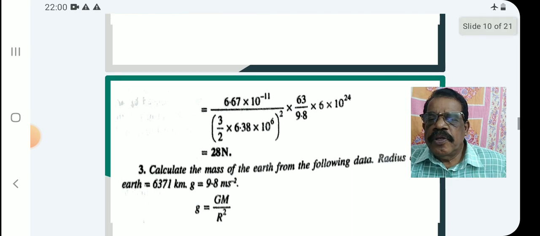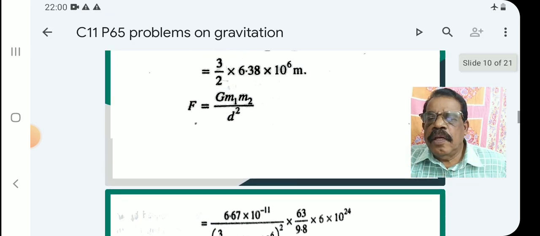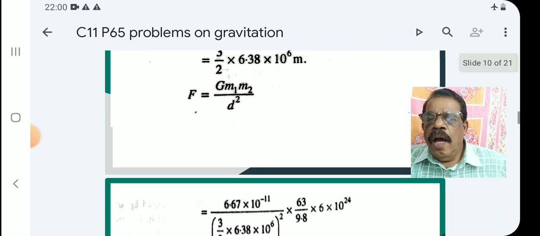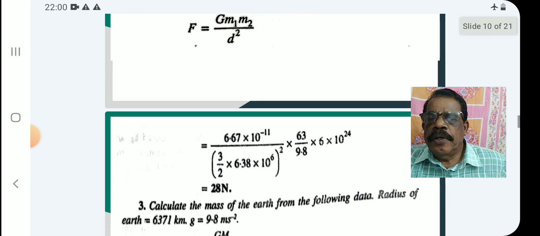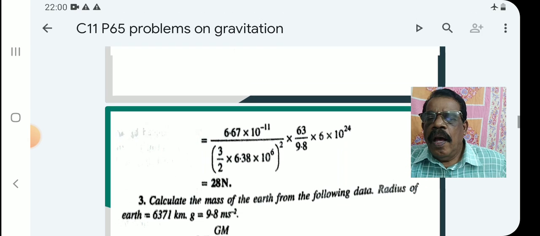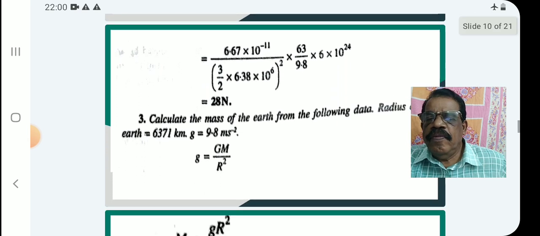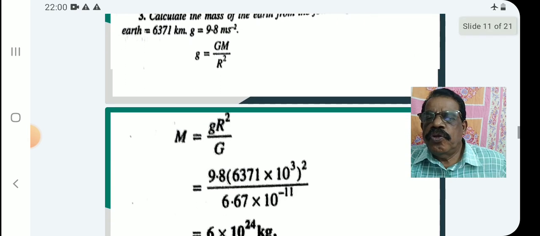One step is missing. I will give the steps in the comment. And on calculating weight at a height, we get 28 Newton.